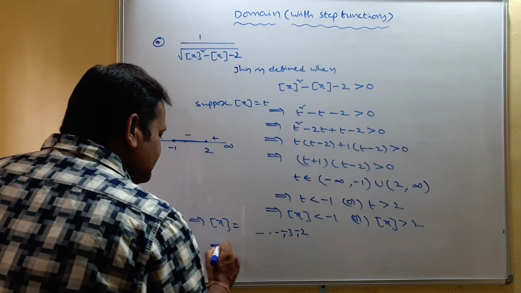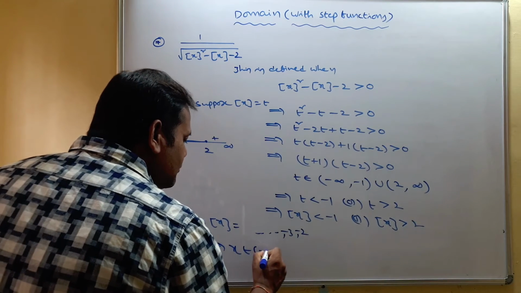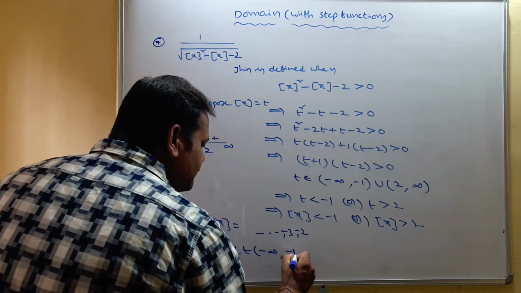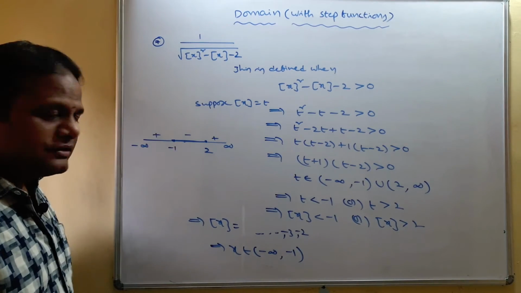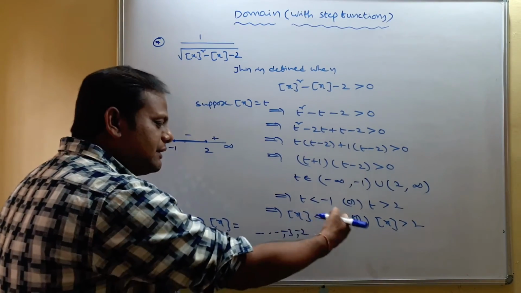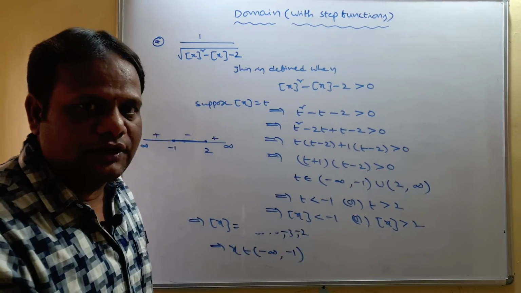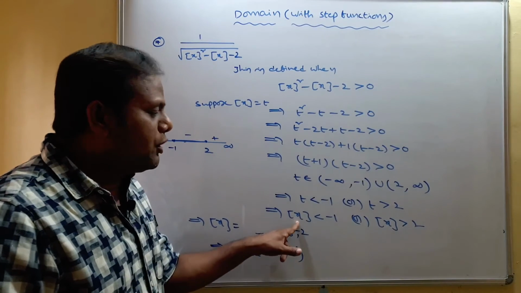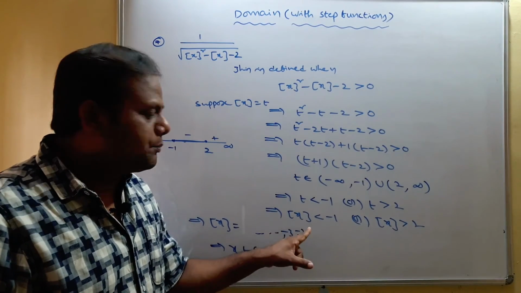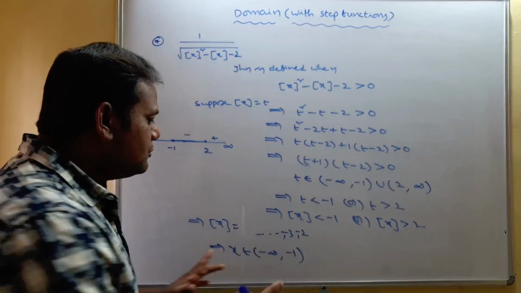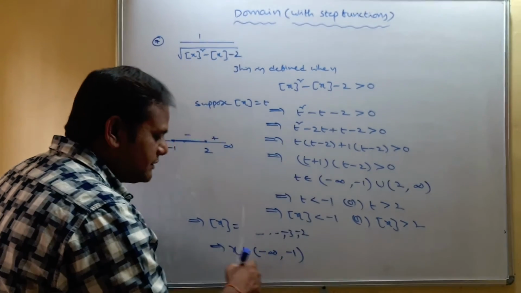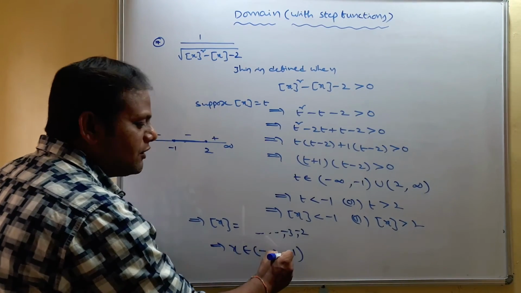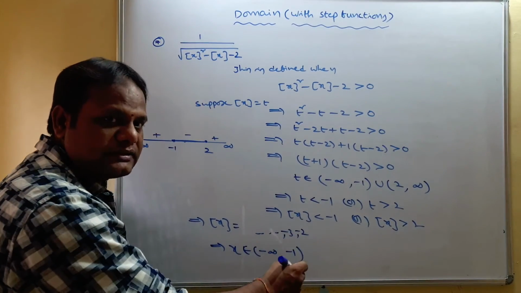So x belongs to (−∞, −1). If you take −1, then [−1] is −1. But if you take −1.1, [−1.1] is −2. So till this you can take. So x belongs to the open interval (−∞, −1).